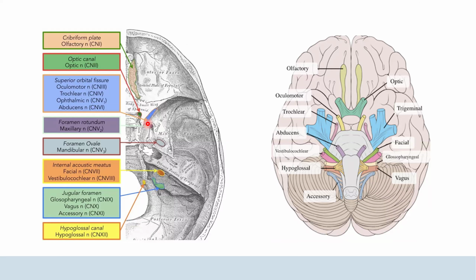However, it wouldn't really make sense if we were to say, okay, so we have 3, 4, and 6, then how does this apply? The fact that they're named based on where they exit. That's because our trigeminal nerve, which is the fifth cranial nerve, actually has 3 separate components and 3 roots.